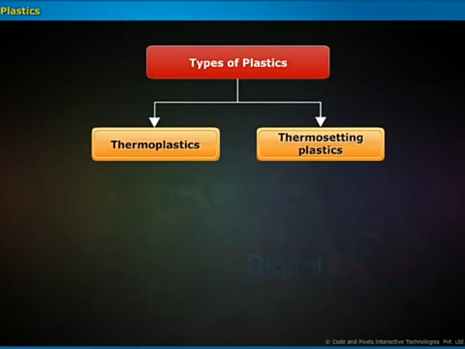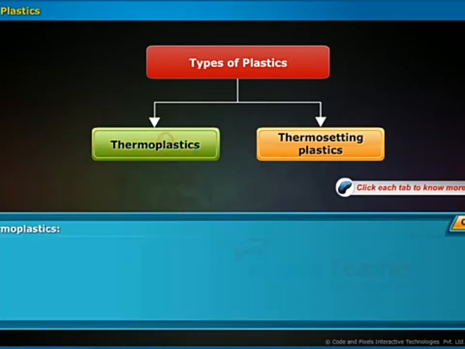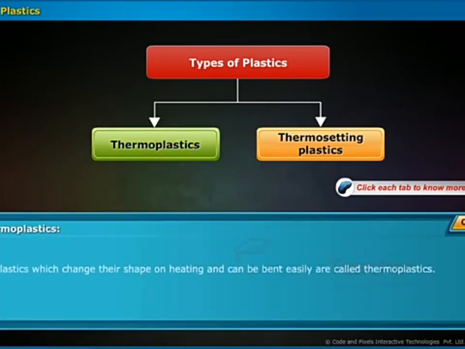Plastics can be classified into the following categories based on their thermal properties. They are thermoplastics and thermosetting plastics. Click each tab to know more. Plastics which change their shape on heating and can be bent easily are called thermoplastics.